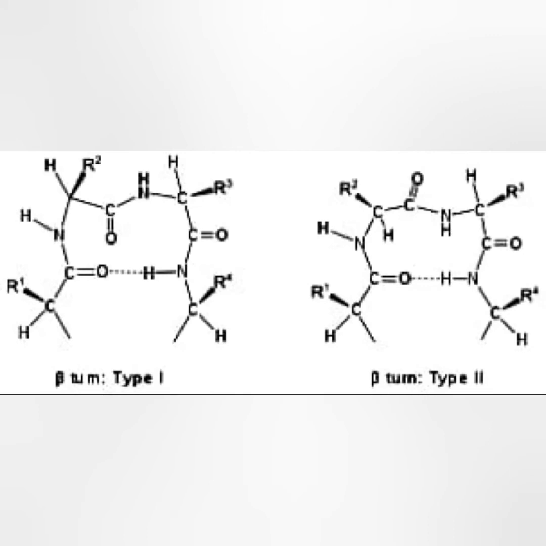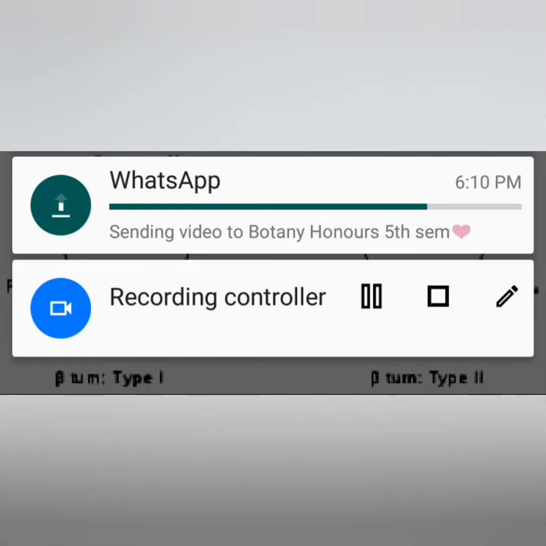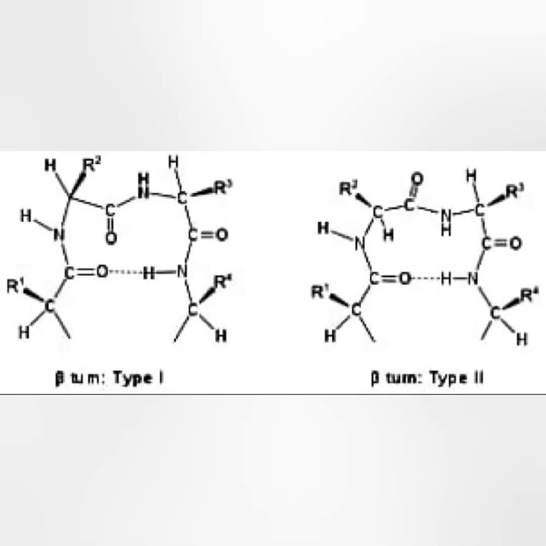It is not a straight chain, as you can see here. Let me show you. This is a polypeptide chain, but it is not straight. As you can see, it bends like this.